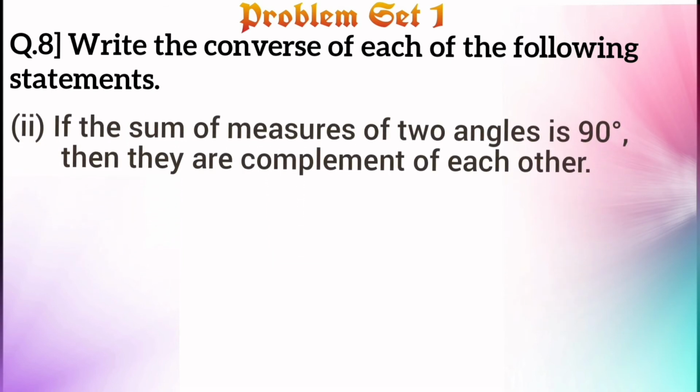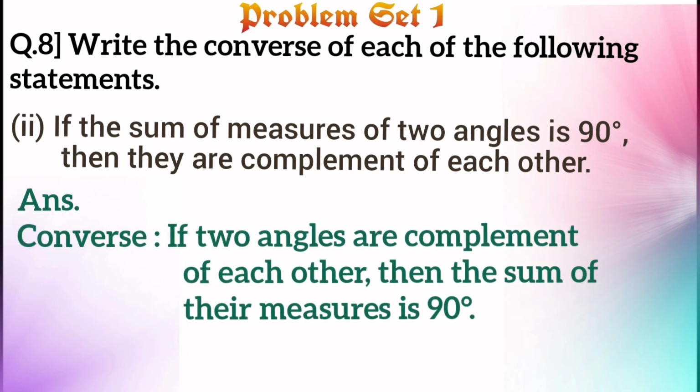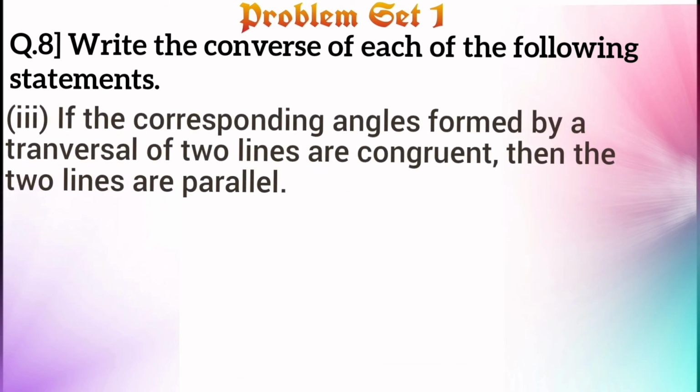Second one, if the sum of measures of 2 angles is 90 degrees, then they are complements of each other. The converse of this is, if 2 angles are complements of each other, then the sum of their measures is 90 degrees. Third one, if the corresponding angles formed by a transversal of 2 lines are congruent, then the 2 lines are parallel.